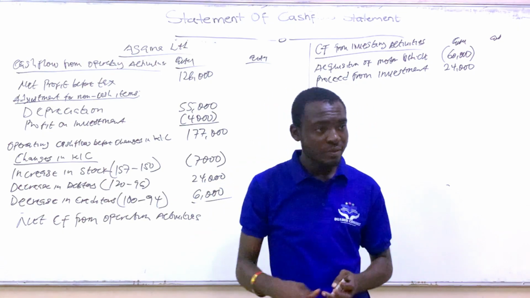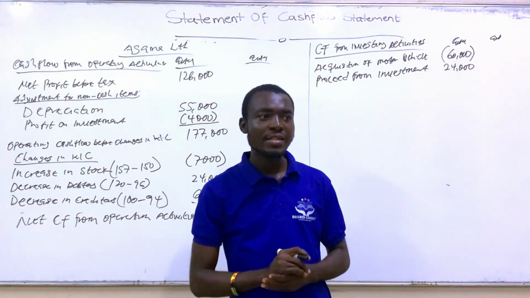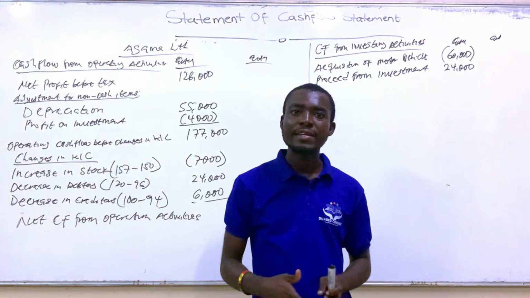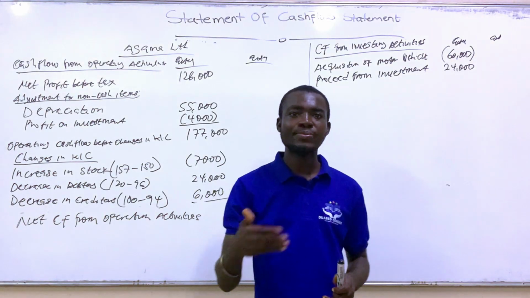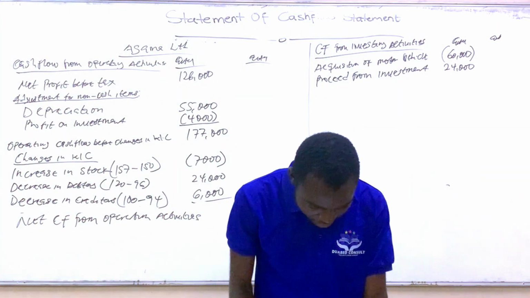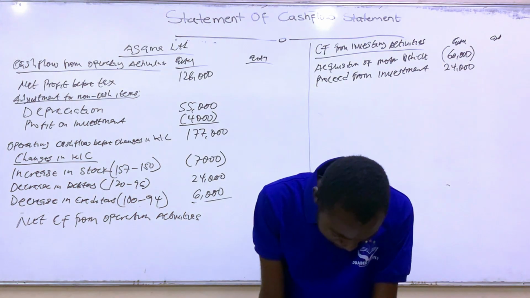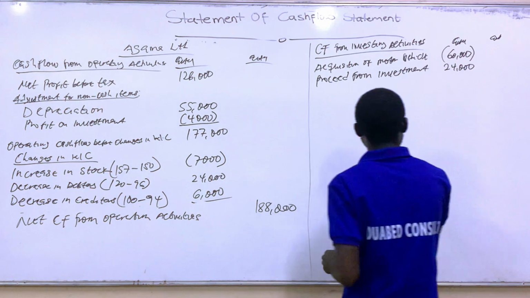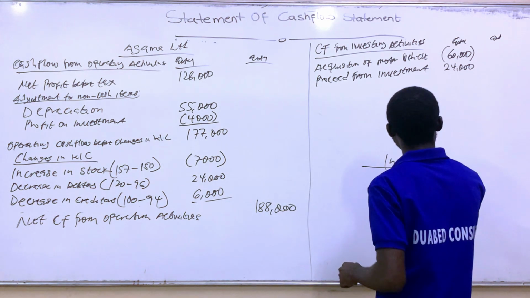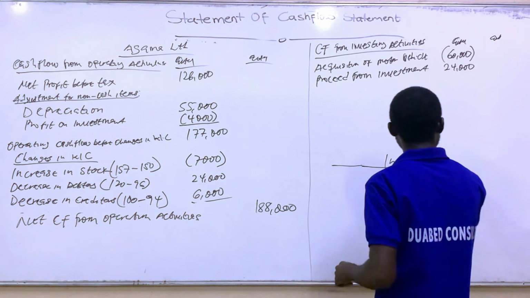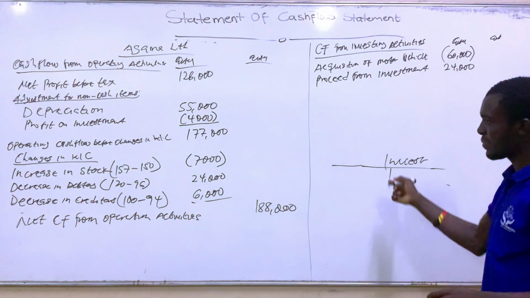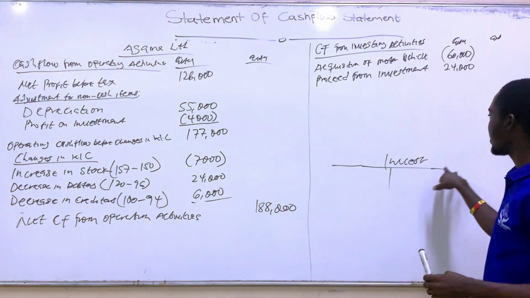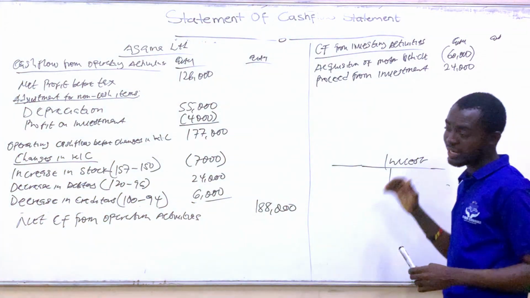And then we also analyze the investment account to see if there was further investment during the year. Investment is an asset, so it's an asset account. Any transaction that will increase your investment will be debited, and any transaction that will reduce your investment will be credited.